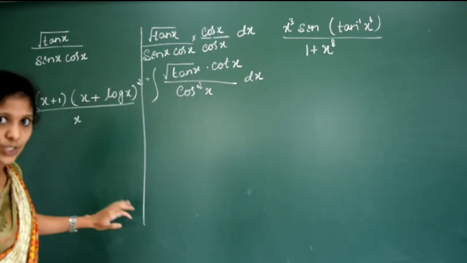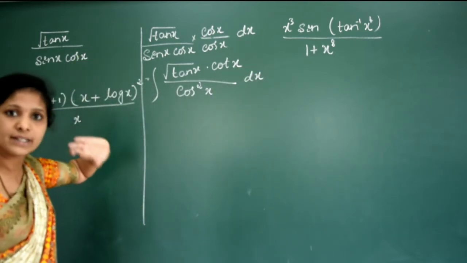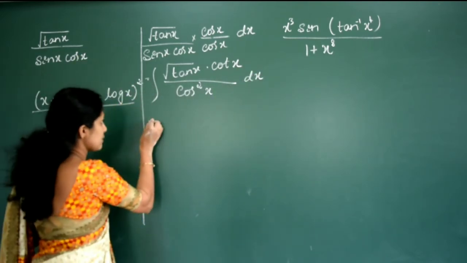Direct substitution is not possible, so we need to multiply and divide by cos x. Now we will simplify this.